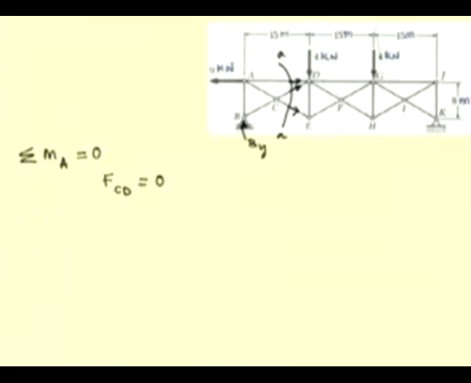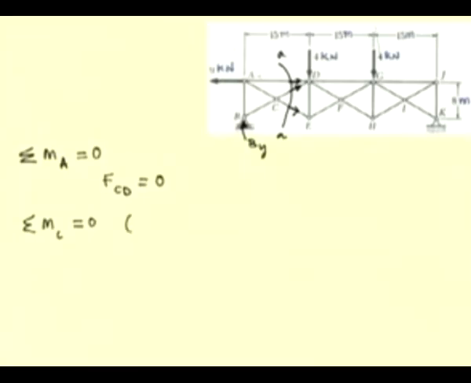Now, let us consider the summation of the moment about C, where the force in the member CD and the force in the member CE are concurrent. So, this can be used conveniently to determine the force in this member AD.